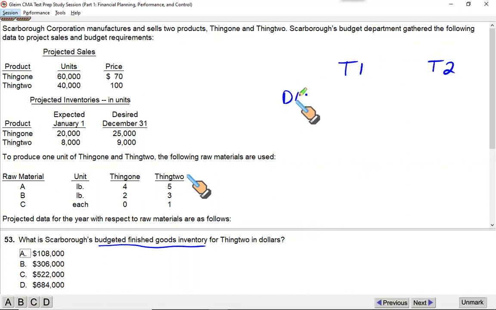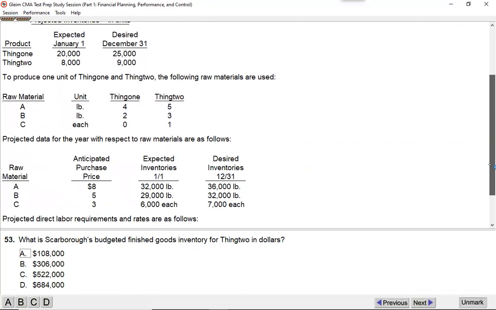We need the direct material for each item. We need the direct labor for each item. We need the variable overhead for each item, and we need the fixed overhead. I'm going to extend this question a little so you know how we calculate the budgeted finished goods inventory. Right? Now look at this, and let me just drag this a bit. I think this one should be fine.